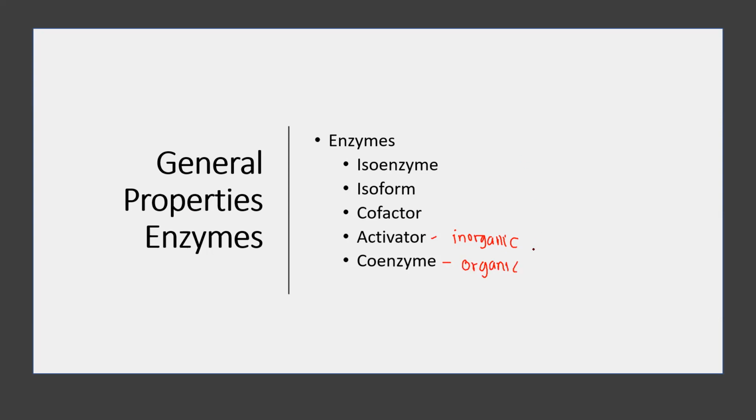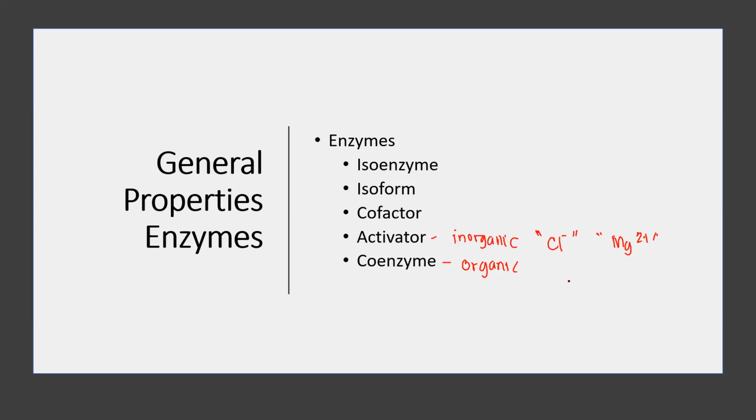Again, to give you an example, we have here your chloride ion and your magnesium ion. By the way, since these are ions, instead of saying chloride ion, it is acceptable to say chloride.